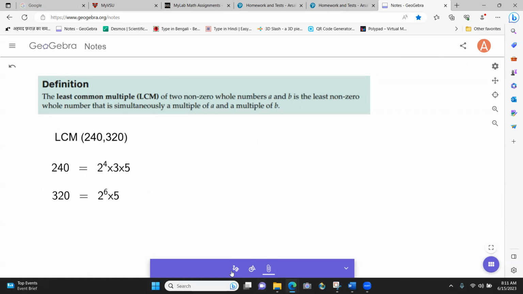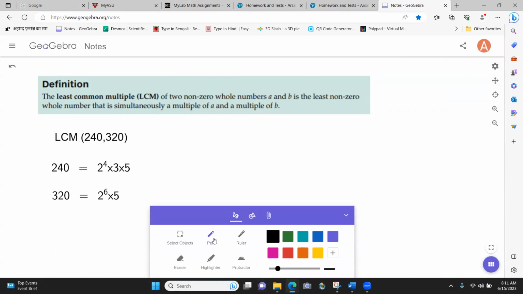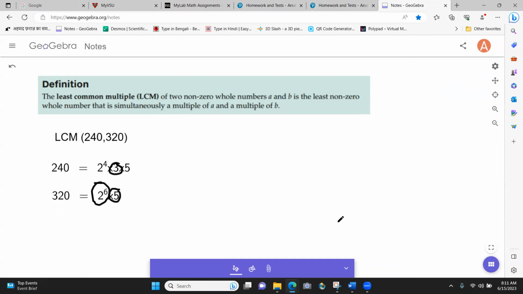Now, this time around, you're going to include everything. If the bases are the same, you're going to take the big one. If something doesn't match, you're going to include it. If something matches and they're the same, it doesn't matter which one you take.